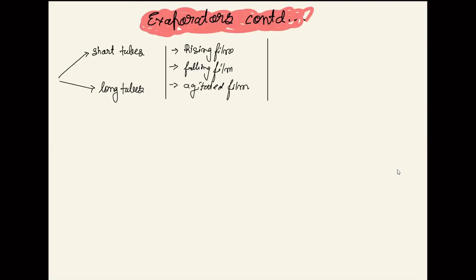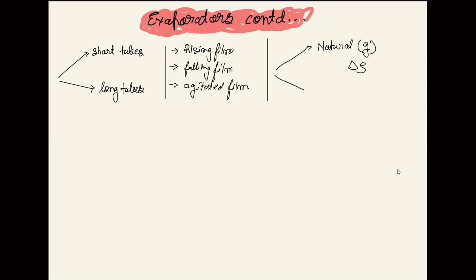Then we can also classify them based on whether it's gravity driven or some pumps are used. So we can have natural circulation, where gravity is the main thing, and it's del rho, the density difference, times gravity, that is the driving force for the flow of fluids.